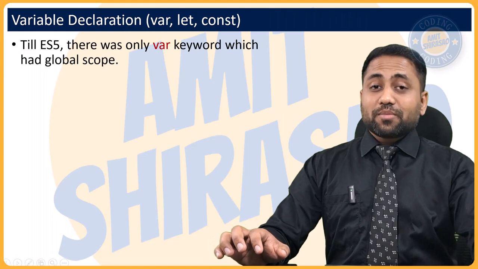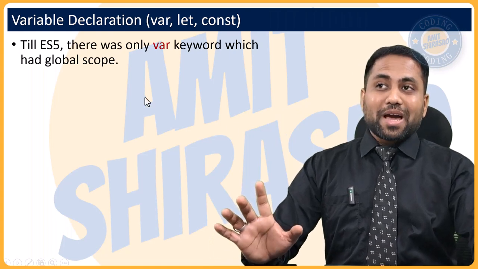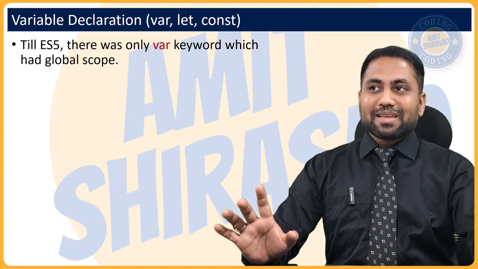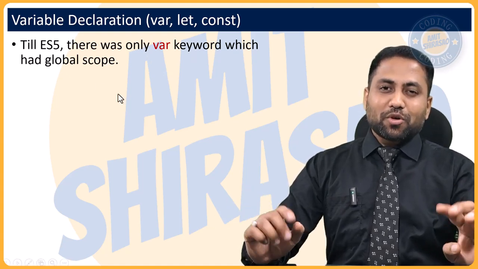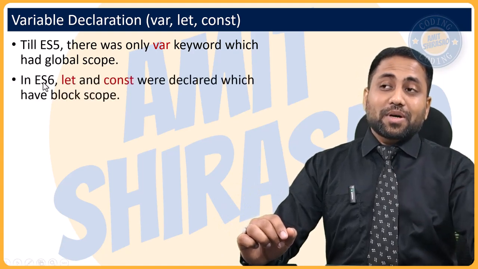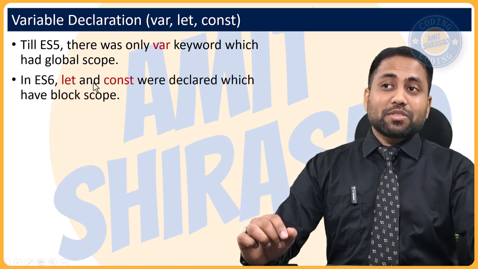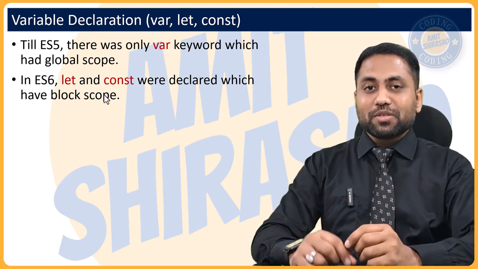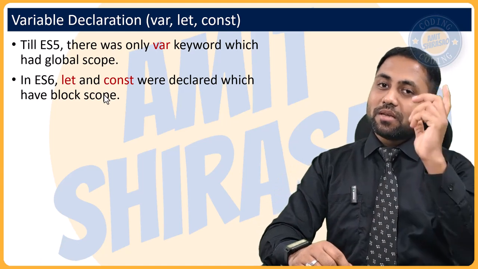Till ECMAScript 5, var was the only keyword used to declare variables, and it always had global scope. Now what is scope? We will see that later. In ECMAScript 6, let and const were also introduced, which means you can declare a variable using the let keyword as well as the const keyword.